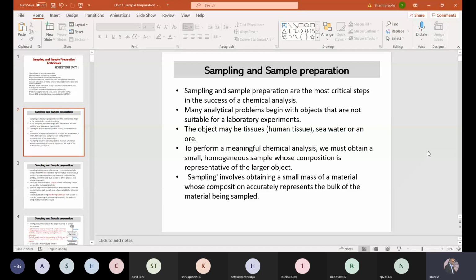See, there are different ways to sample solids. There are different ways to sample liquids and gases. This unit would not allow me to touch each and every aspect of sampling, specifically when we go to collect a sample, because as I said, most of the things keep on changing, but there are definite guidelines to handle solid samples, liquid samples, and gaseous samples.